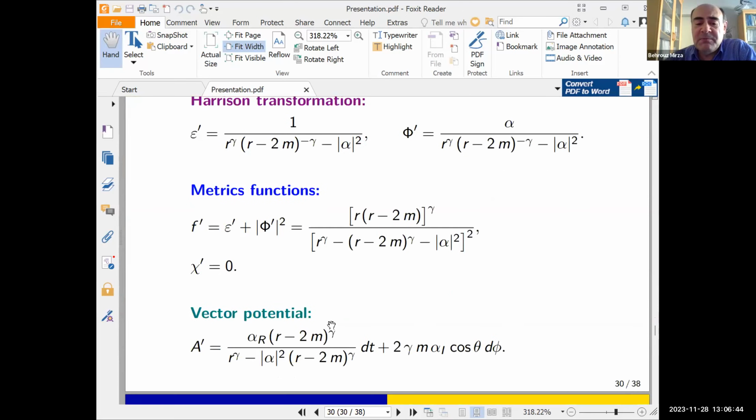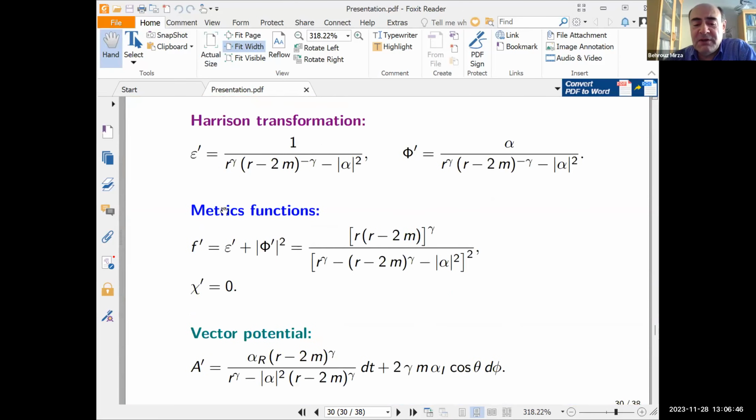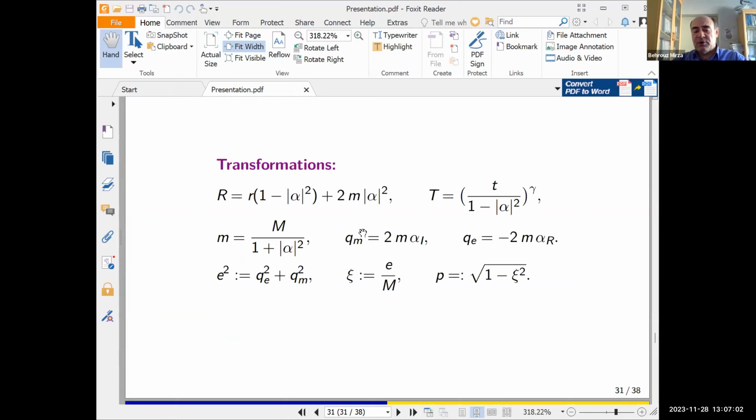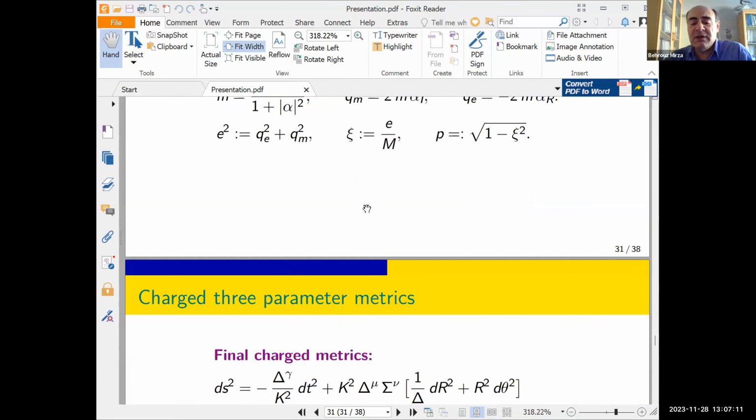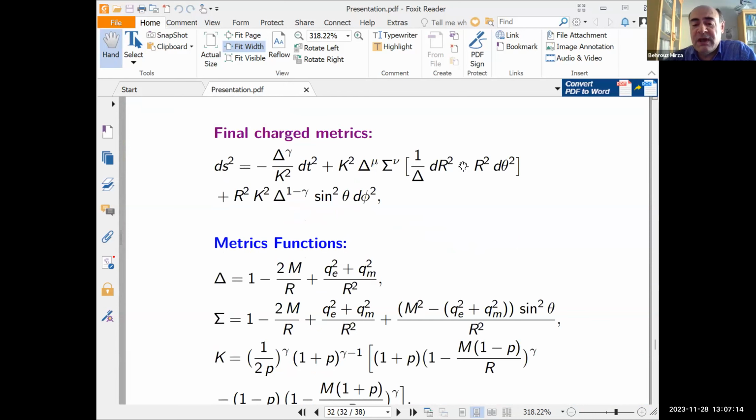And then a simple Harrison transformation gives us the charged metric. The charged metric can be found, and the lapse function is given here, and the vector potential is written here. We can also do some transformation to deform it to a more known solution, similar to the Reissner-Nordstrom solution. And this is the final solution that we found for the charged metric.